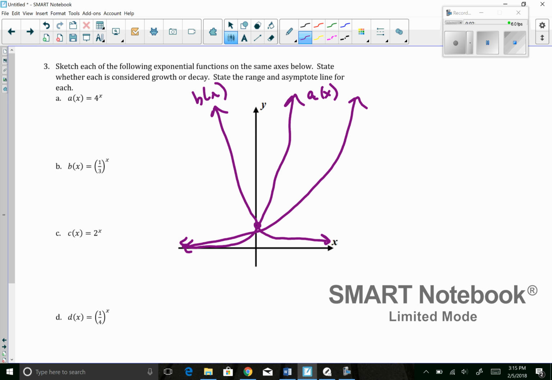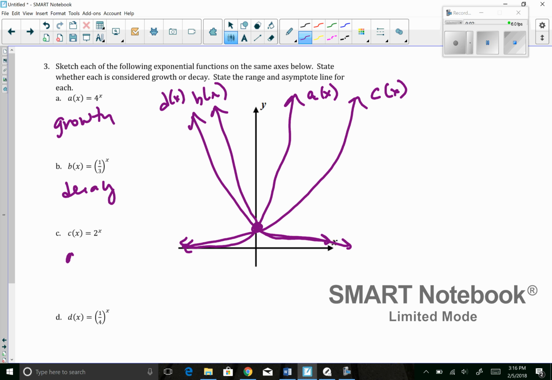Notice all of them are intersecting the y-axis at the same place, though. We'll call that c of x. And the last one, 1/4 to the x, is going to be a little bit less steep than 1/3 to the x. So it'll look something like this. Again, still getting closer to that x-axis, and that would be d of x. This is growth, decay, growth, decay.